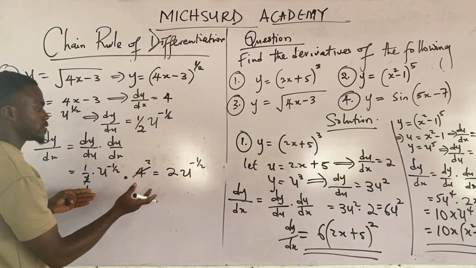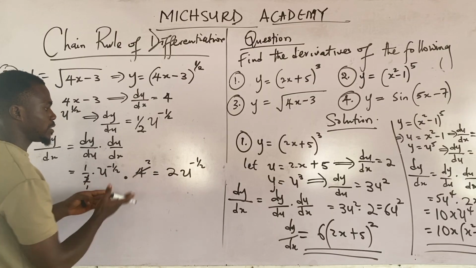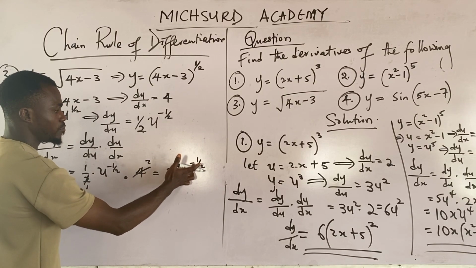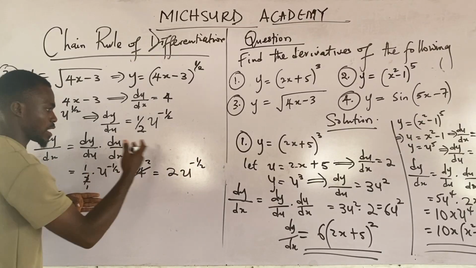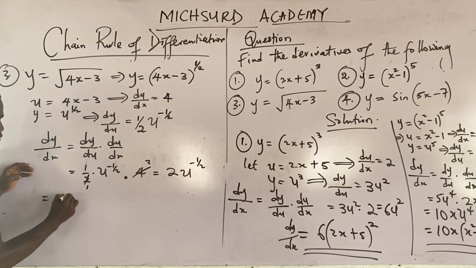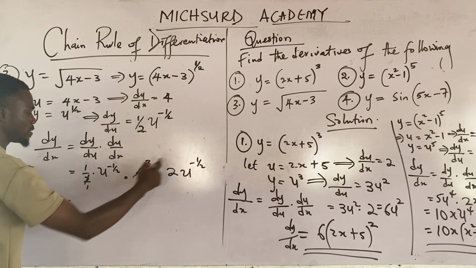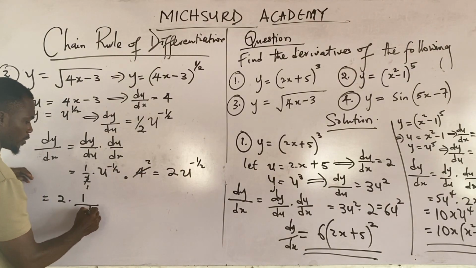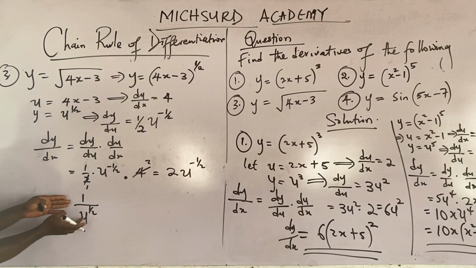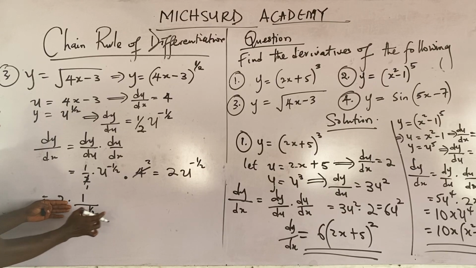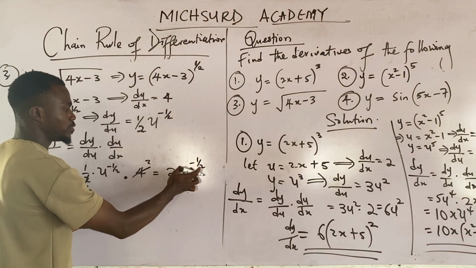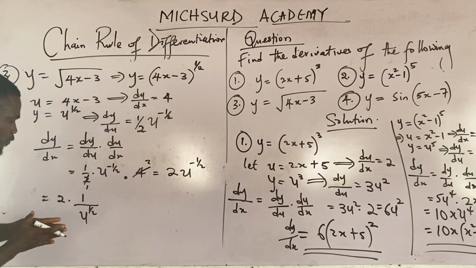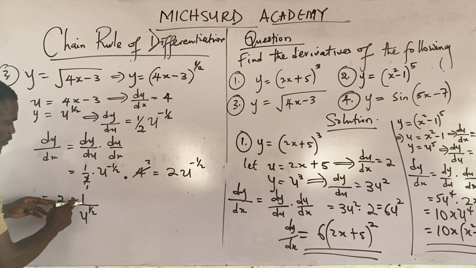Now, in our elementary indices, whenever we have a power that is negative, it can be written as 1 over. So we write this as 1 all over u raised to power half. So they are the same. So 1 all over u raised to power half is the same as u raised to power minus 1 over 2.